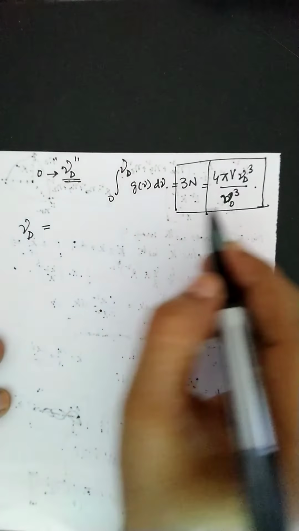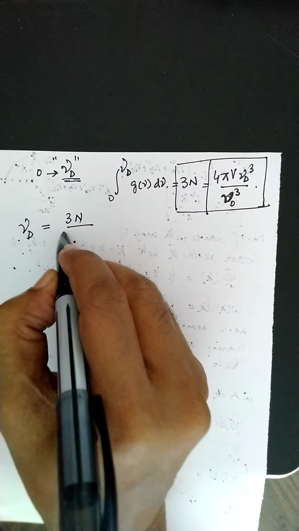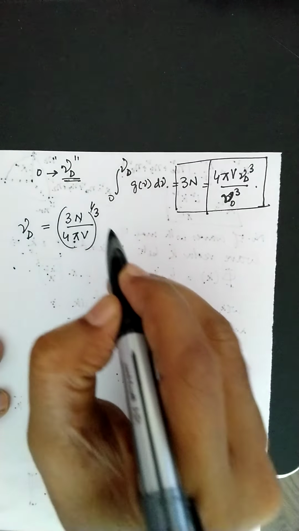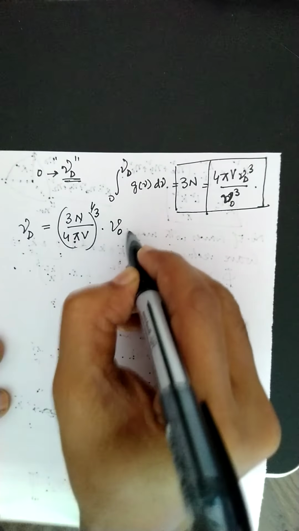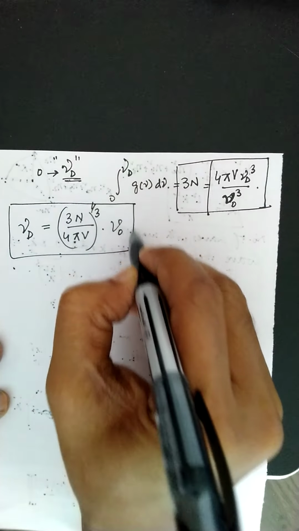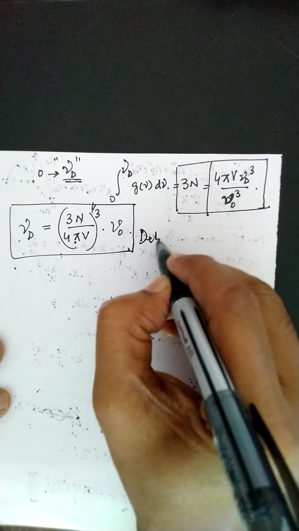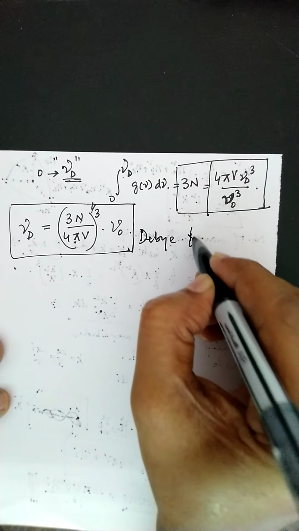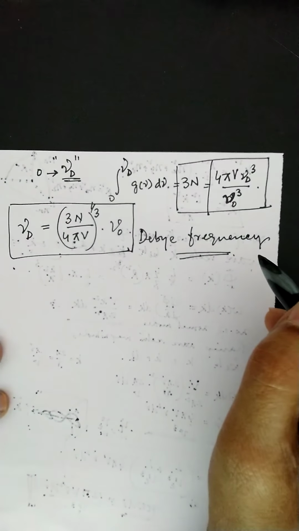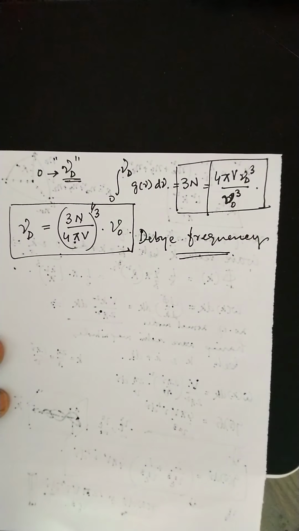And nu d you can solve from here, and that comes as 3n by 4 pi v to the power 1/3 times v0. Okay, so this gives you an estimate of the nu d value, and that nu d is defined as the Debye frequency. So we'll come to this Debye frequency definition, and we'll start from here next.